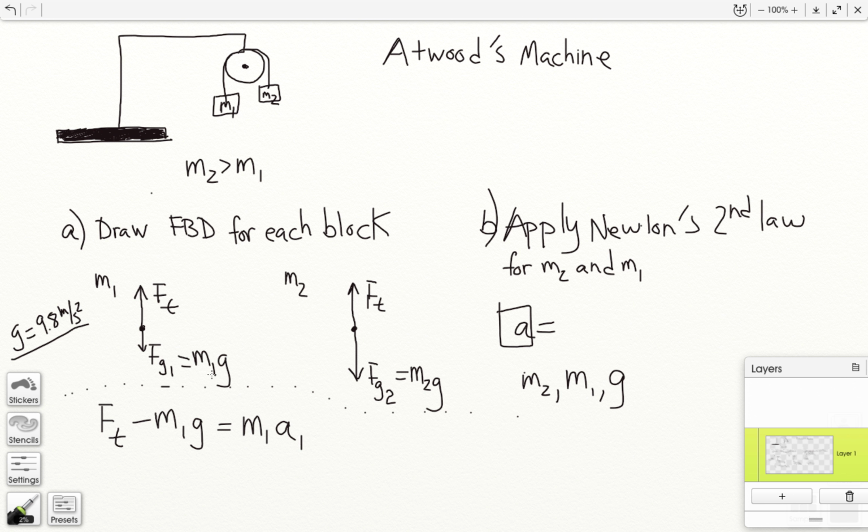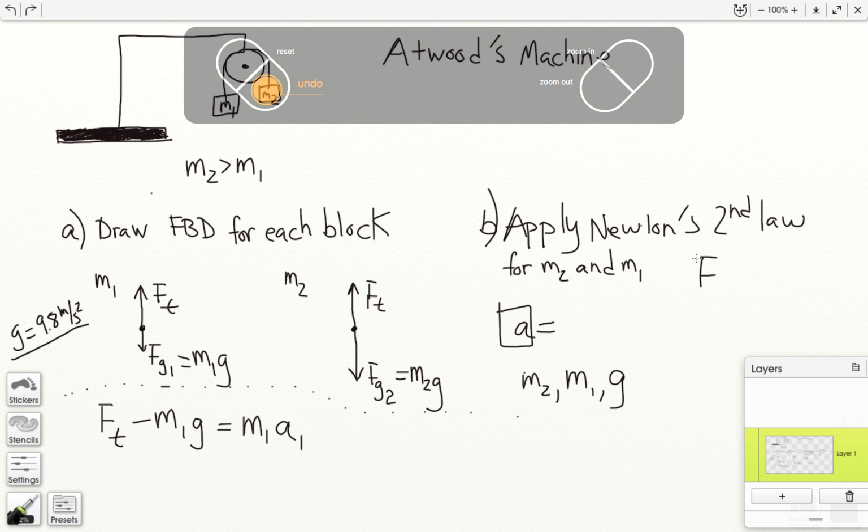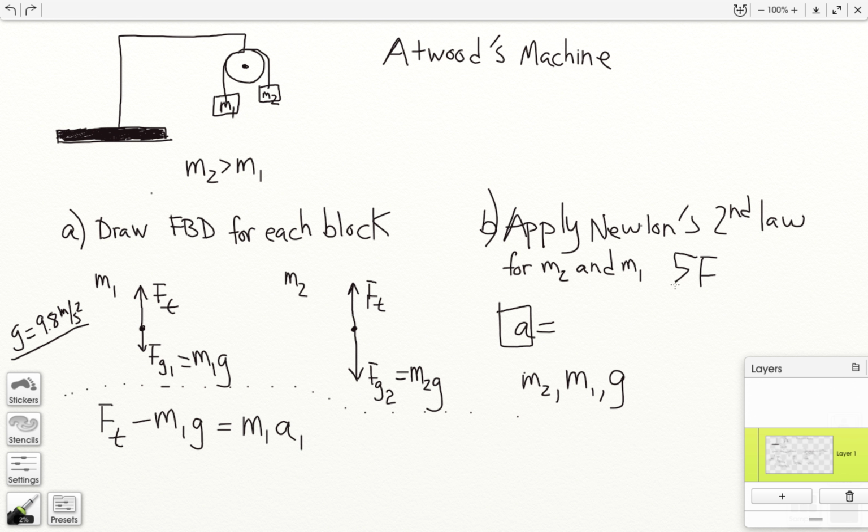Again, Newton's second law basically says that the sum of the forces is equal to the mass times acceleration of an object. So here we've got two forces acting on mass 1, and that is equal to mass 1 times acceleration 1.